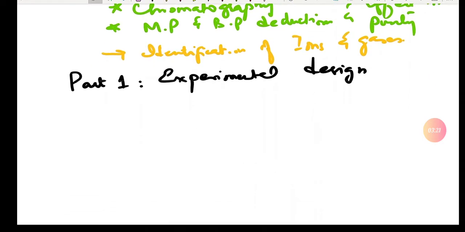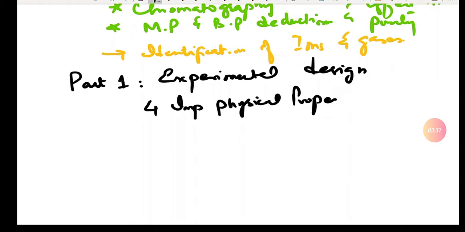In experimental design, we will discuss different measurements of different physical properties. There are actually 4 important physical properties in chemistry. The first one is mass.